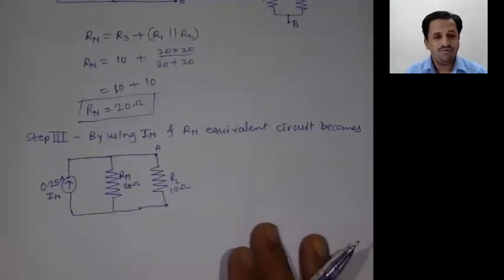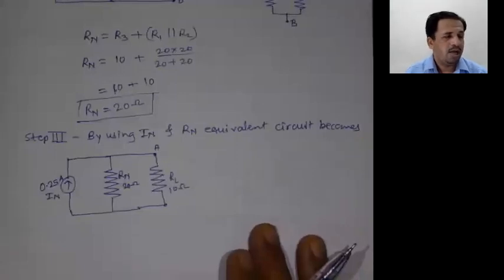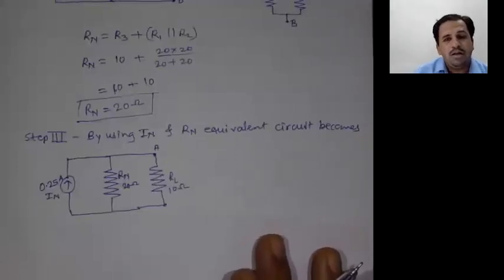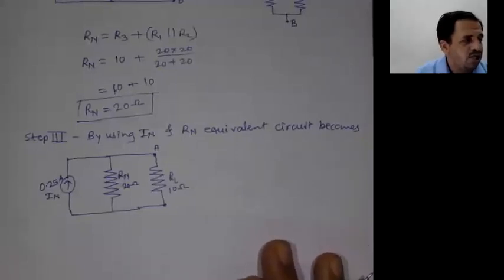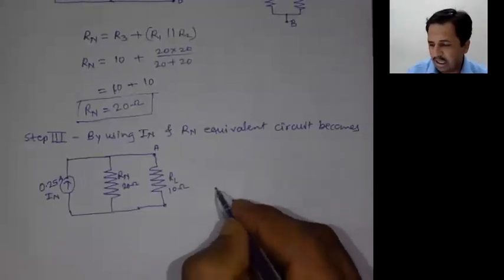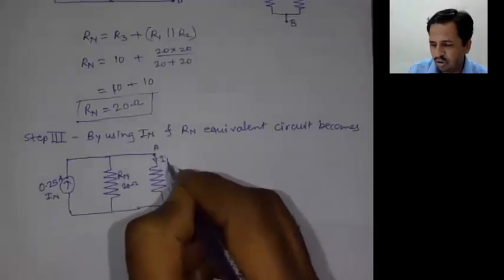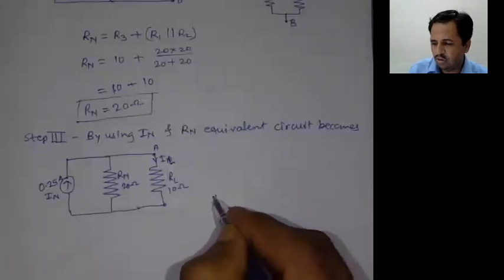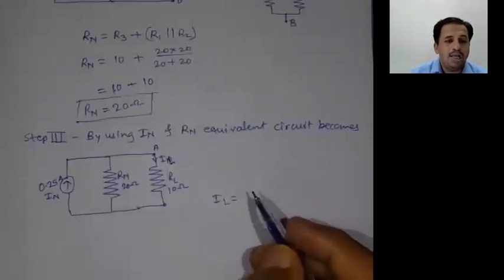Now we have to find the value of the load current, and that load current is obtained with the parallel branch theorem. The current flowing through RL, that we have to record, is called the load current. IL equal to, what is that?